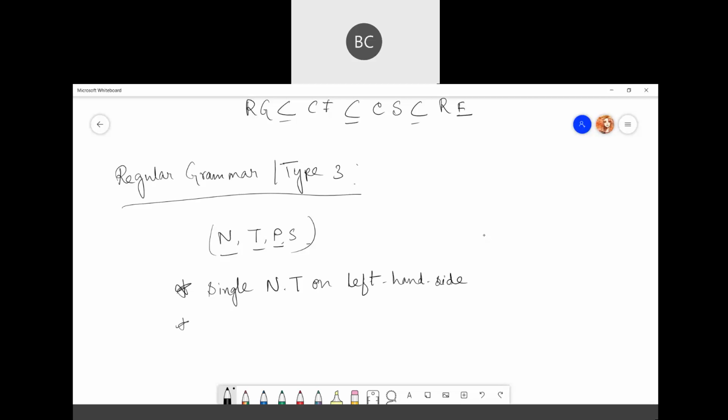There should be a single non-terminal on the left side, and your right side will consist of a single terminal, or there might be a terminal followed by a non-terminal. That means there will be a single terminal symbol or more non-terminal symbols on the right hand side.